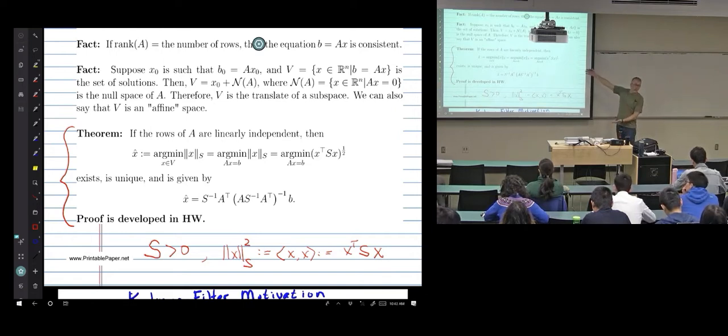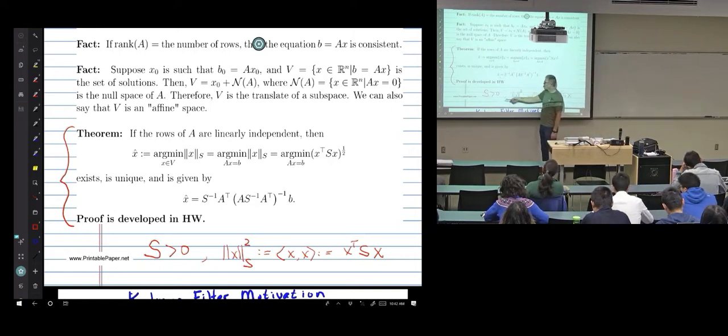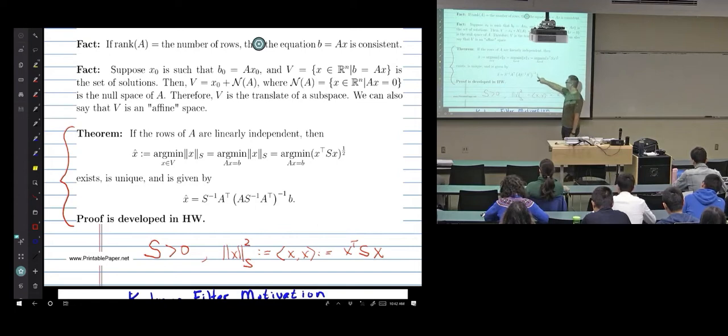Okay, it looks just as mysterious as the overdetermined one did initially, but you will derive it in homework and you'll find the normal equations that yield that answer. And so we will use this a little bit later, if not Thursday, by Tuesday of next week probably. Okay, questions? Yes?